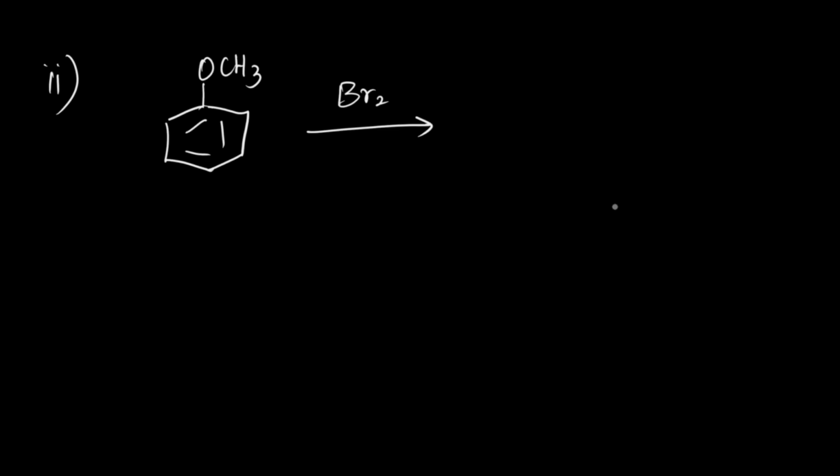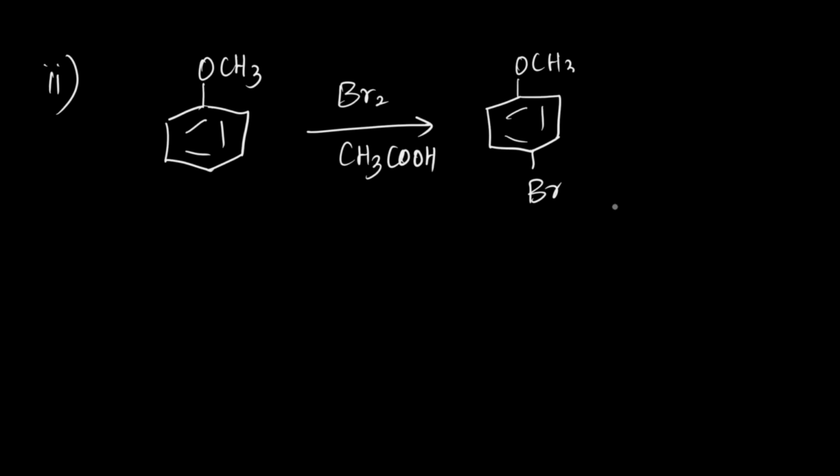Let's say Br2 is coming in the presence of acetic acid, which will lead to the formation of para bromo anisole and ortho bromo anisole. Out of this, para is major, ortho is minor product.